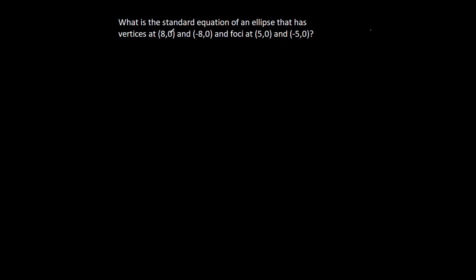So let's start off with the information we have for a standard ellipse that is centered at the origin, that has vertices at (0, 8) and (-8, 0), and foci at (5, 0) and (-5, 0). Before we do anything else, I want to highlight some key pieces of information.